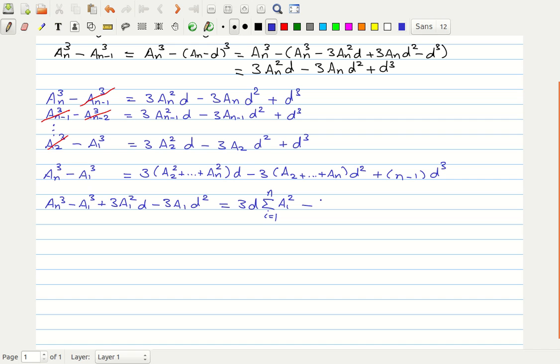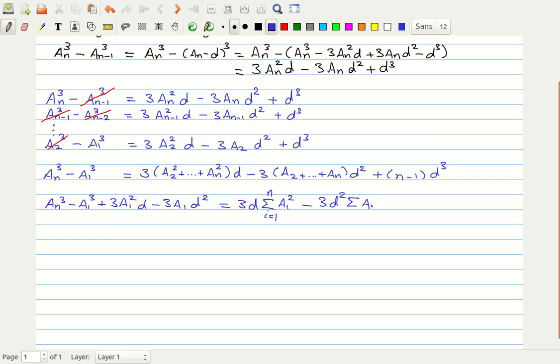Minus 3d square, and you can see if I have minus 3 a1 d square here, this will also add over here, so this will become a1 plus a2 up to an, and this is nothing but the sum of the arithmetic progression, for which we already know the formula.